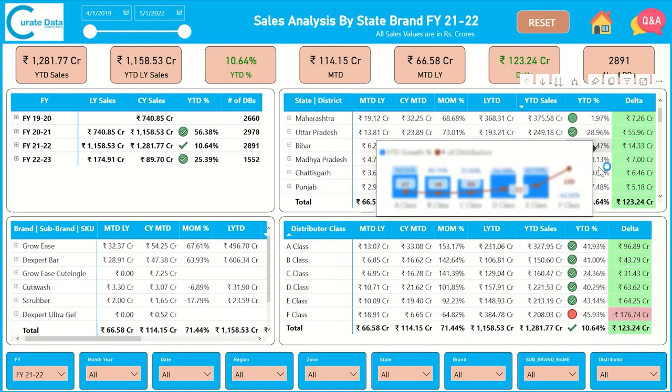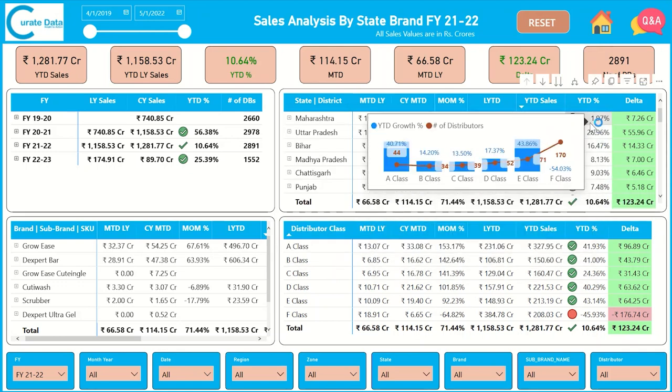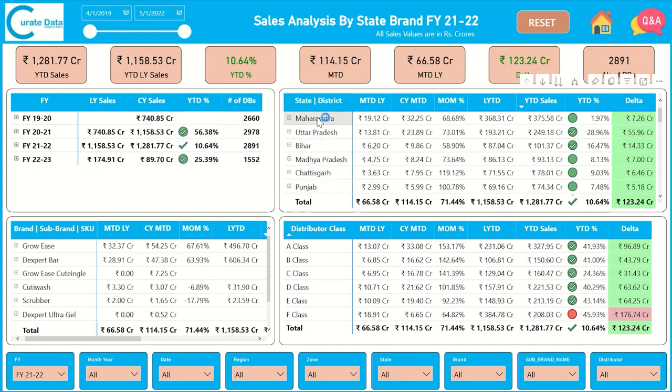And then I can see the YTD growth percentage. So overall, you can see Maharashtra is my top contributor towards the sales, right? With the sales of 375 crores in financial year 21-22, Maharashtra is number one with the YTD percentage growth of roughly 2%.